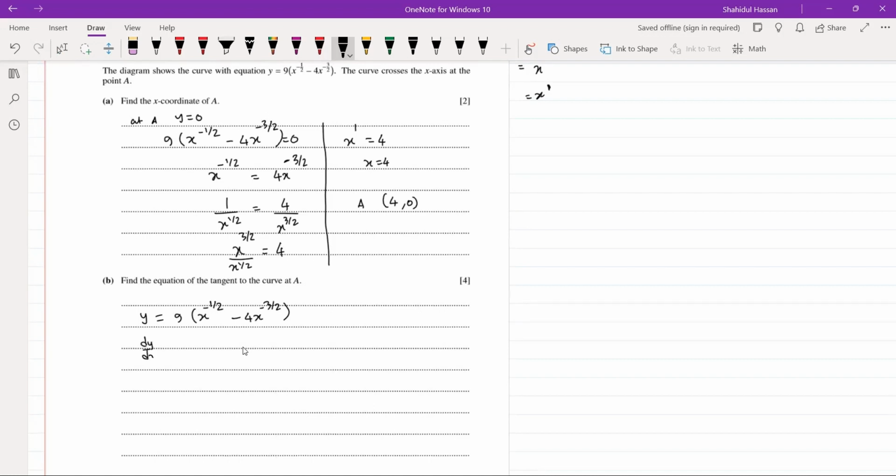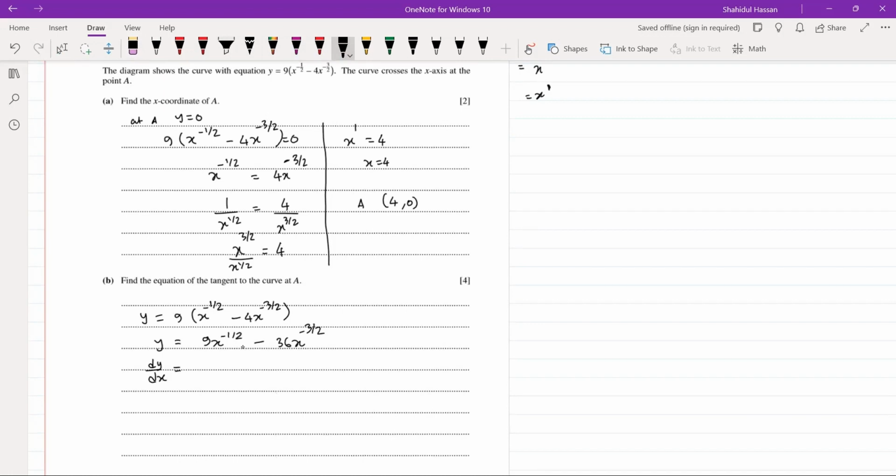So dy by dx should be equal to x to the power minus half. Before differentiating, let's do a small simplification that will make things easier for us. 9x to the power minus half minus 9 4s are 36 x to the power minus 3 by 2. Now let's start the differentiation.